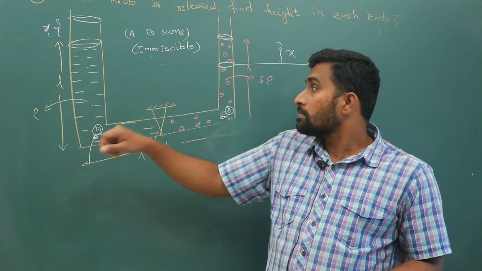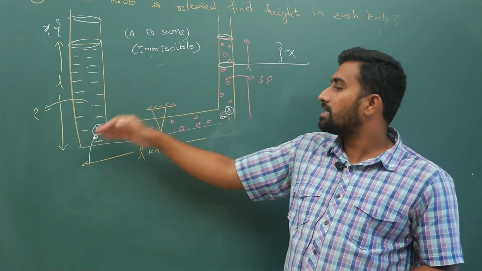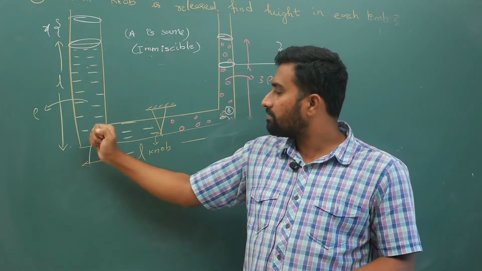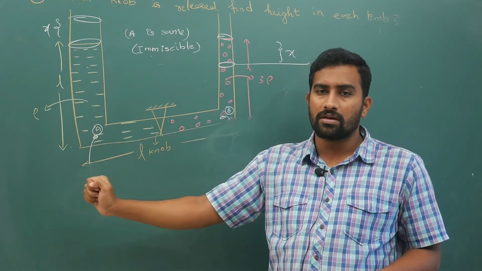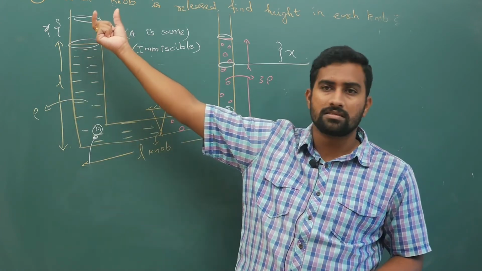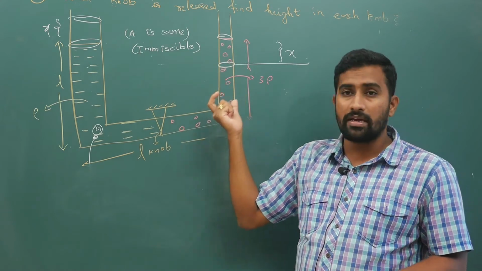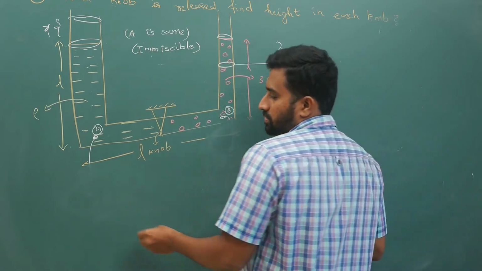Here, this side the pressure is more, this side the pressure is less. So out of this pink color liquid, some portion will push that yellow color liquid towards left. When it is pushing, this side goes up. So this goes up by x means this comes down by x. Now let us look at the pressure values.